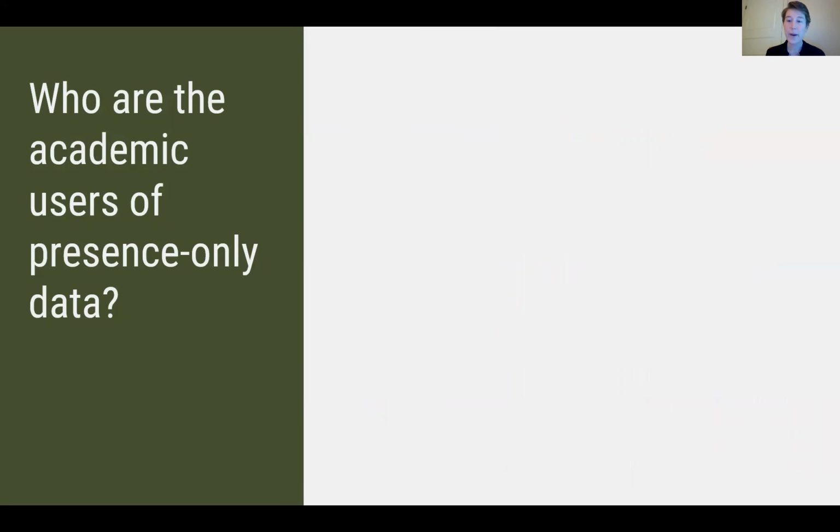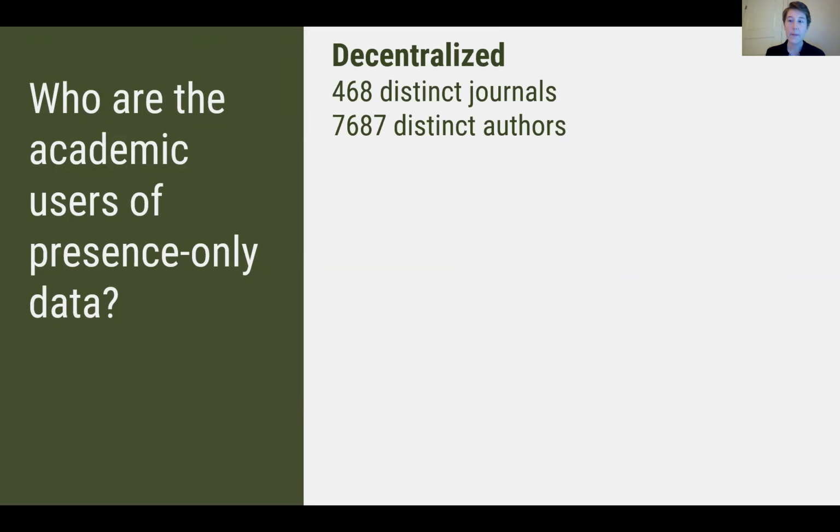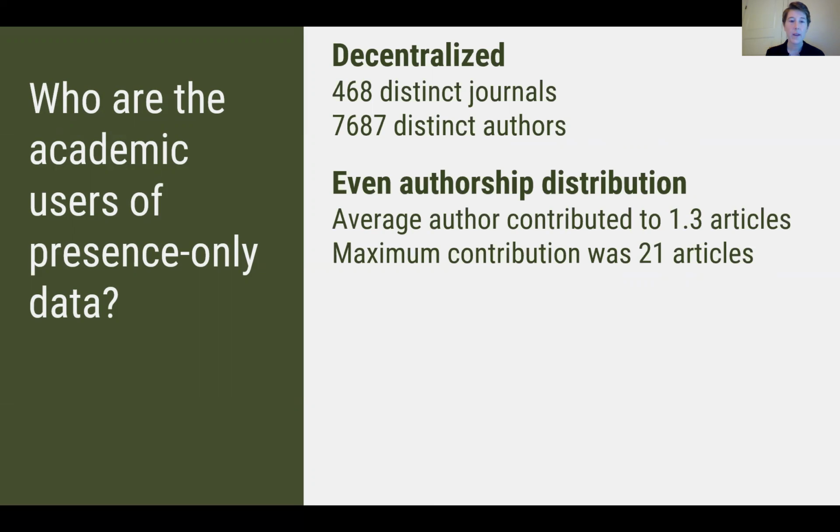So generally, who are these researchers working with presence-only data? Again, this is coming from that broad review of our full data set of just under 2,000 papers. We first see that it's a really decentralized group of authors. There were well over 7,000 authors and nearly 500 journals represented in this set of papers. The average author contribution was pretty low, so these probably aren't researchers who work exclusively with presence-only data.